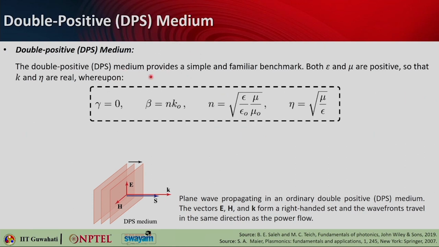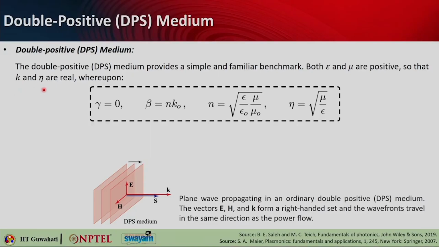When you consider the double positive medium, epsilon and mu both are positive, so K and eta are also real, and that gives you a very simple case where gamma, the attenuation constant, is basically 0. It means the amplitude of the wave will remain the same as it propagates through this particular medium.